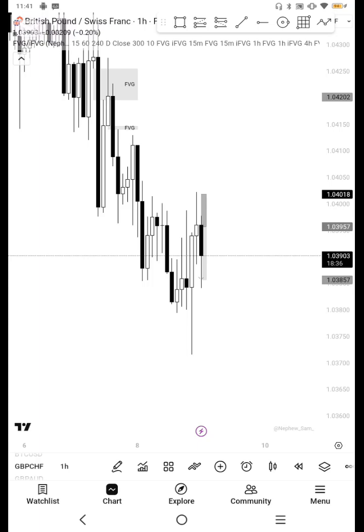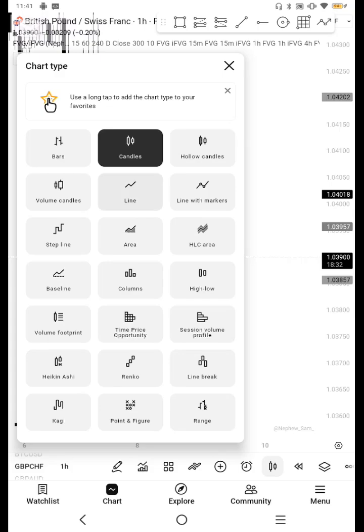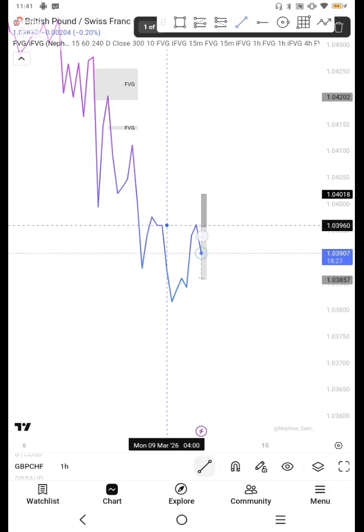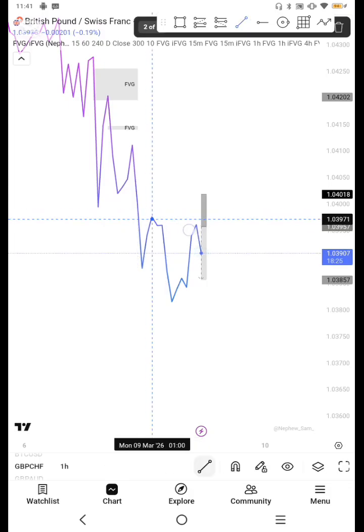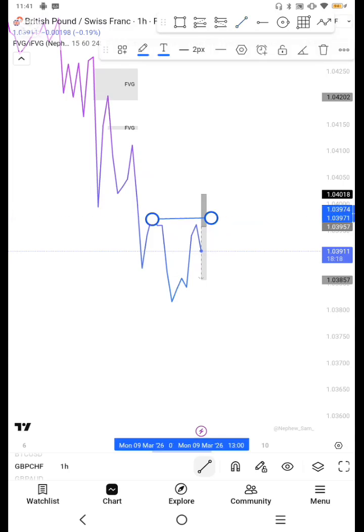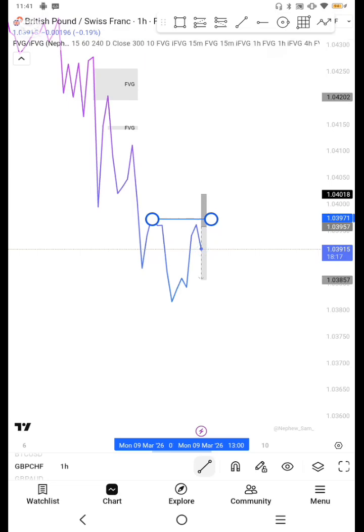But then again, I switched to my line chart here, and if you notice, this is an A-shaped key level. This is an A-shaped key level, right?